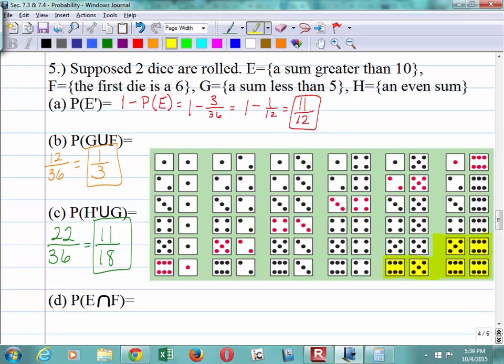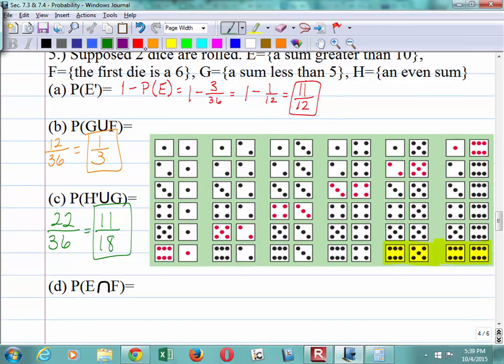And the first die is a 6, so that would only be those 2. So that would be 2 out of 36, which equals 1 out of 18.